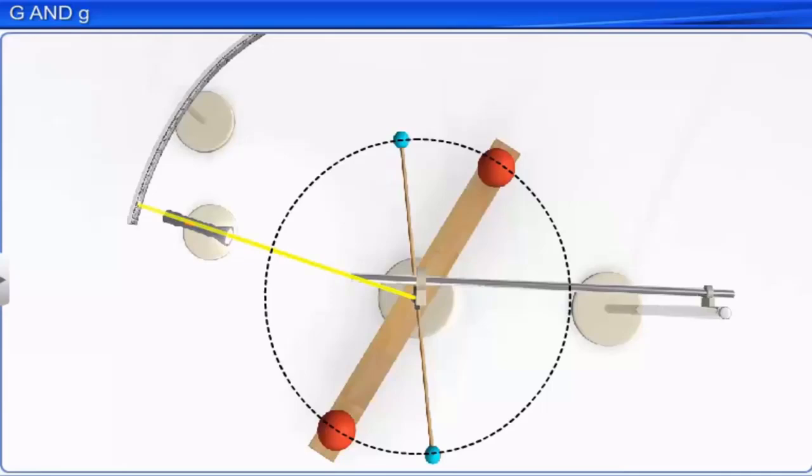Hence, they move along the arc of a circle with a radius equal to half the length of the rod. The system of horizontal rods rotates till the torque due to gravitational force between the spheres equals the restoring torque on them.